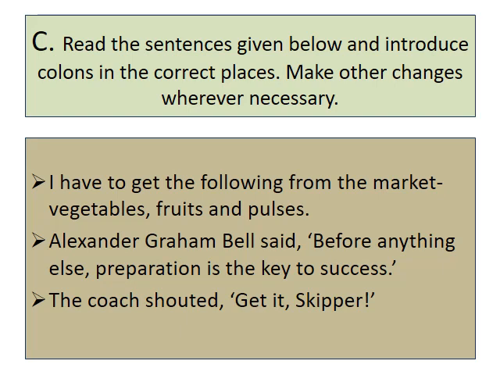Students, the rule that is applicable here in this sentence is, the colon is used to introduce a list. So the answer will be, I have to get the following from the market: vegetables, fruits and pulses.